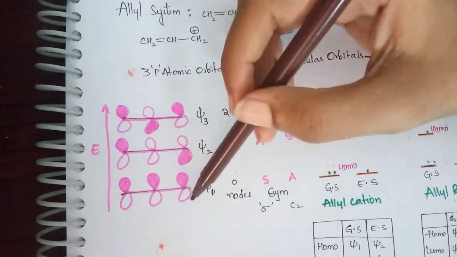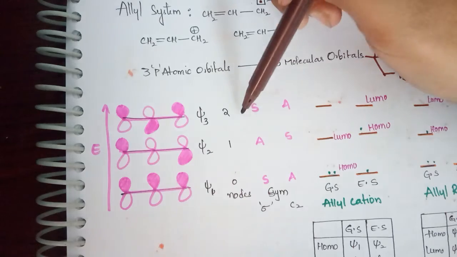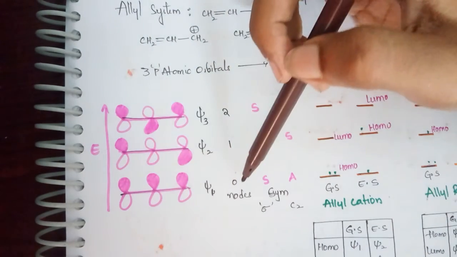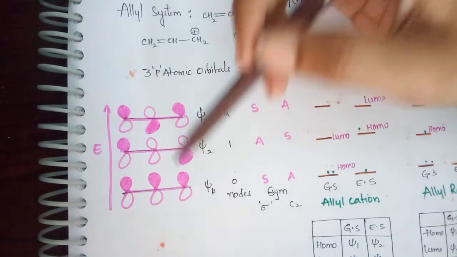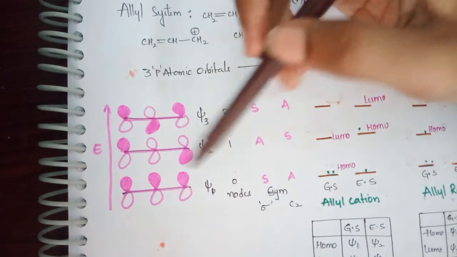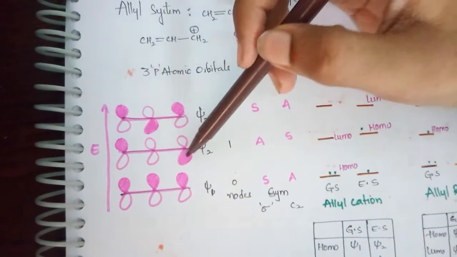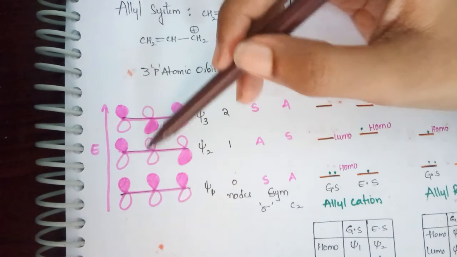Now these 3 orbitals are represented here. Always we have to write them by increasing number of nodes, that is, increasing energy. The first orbital I will write with all 3 lobes shaded towards one side, where you have 0 nodes. In the second orbital I will designate only the terminal orbitals, keeping the center one empty, not shaded above or below.